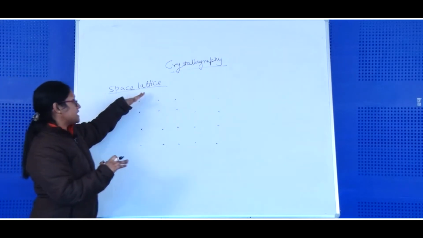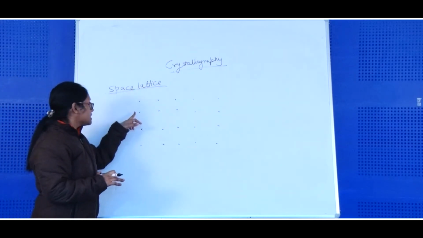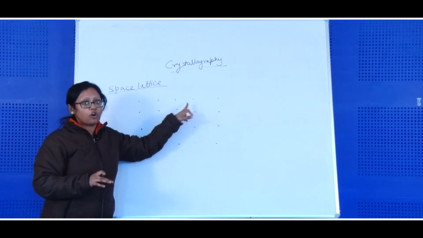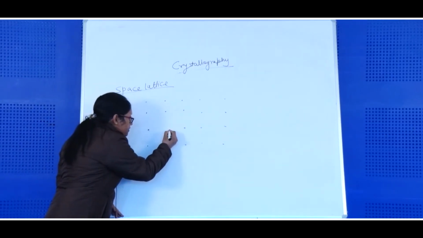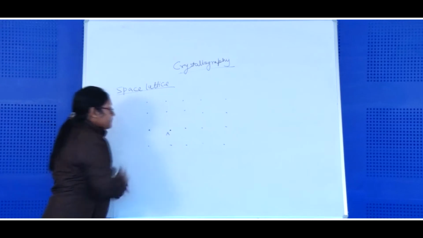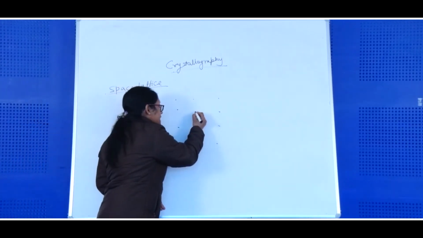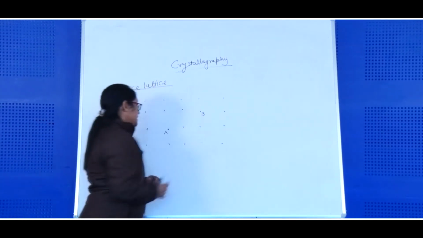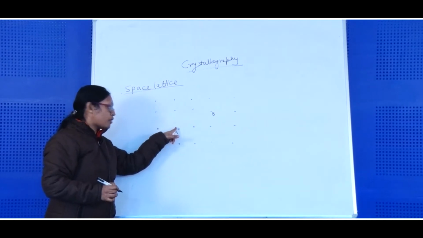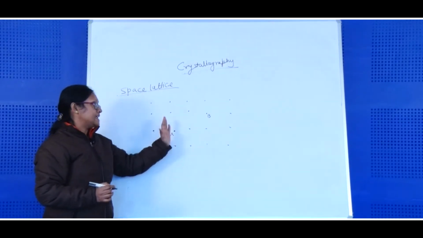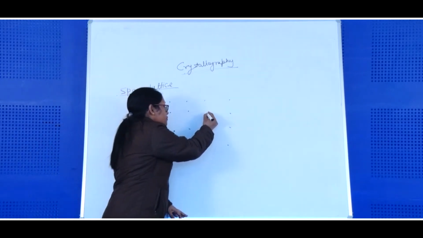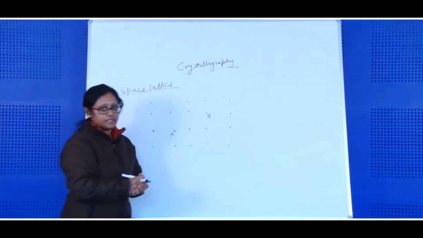So a space lattice, or lattice points, is a 3-dimensional arrangement of points, and let us say you are standing at this point A or at the point B. If you stand at the point A, the environment that you will observe is exactly the same as when you stand at the point B.